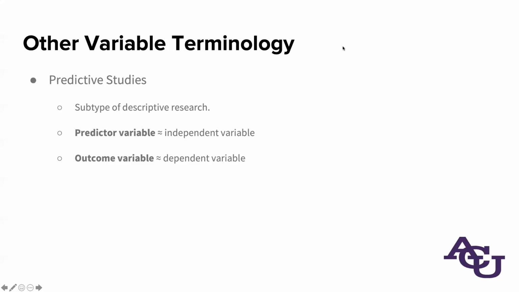So if we're doing a predictive study design in particular, we are going to be looking at what the function of the variables here is. And so specifically in a predictive study, you're trying to determine whether this causes the other thing.